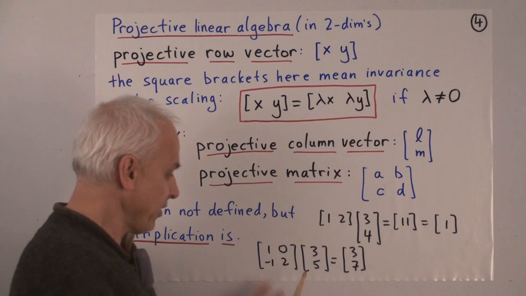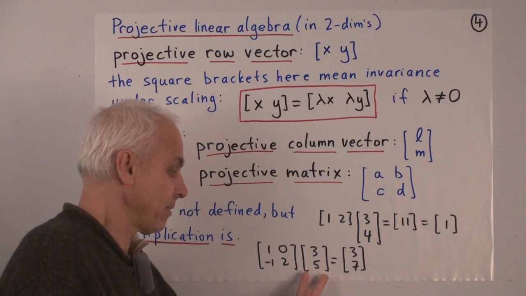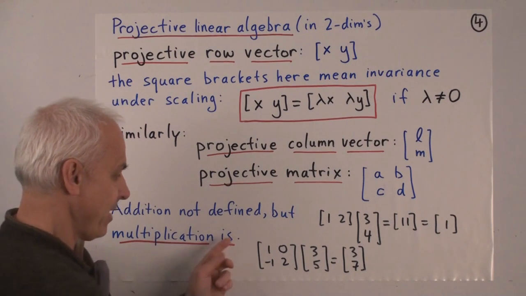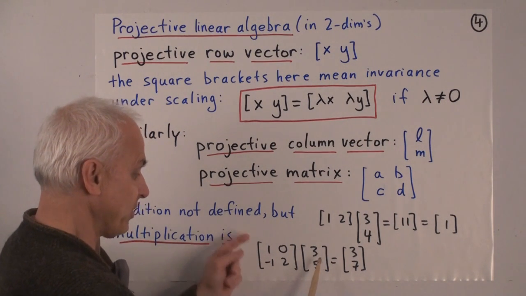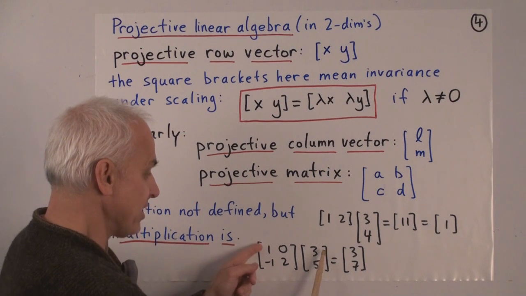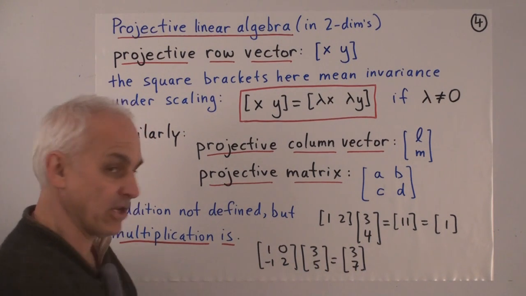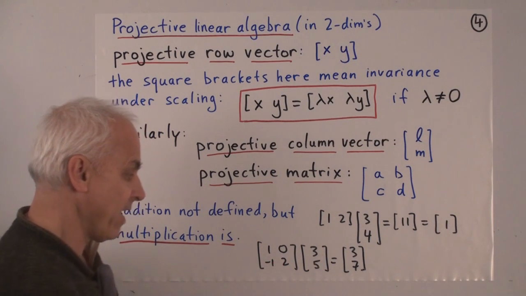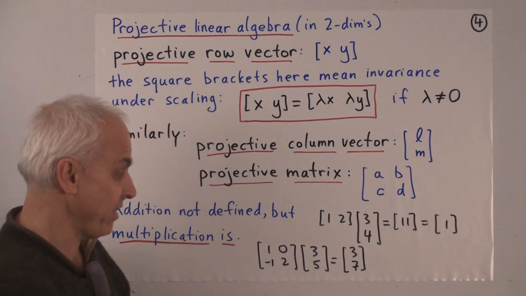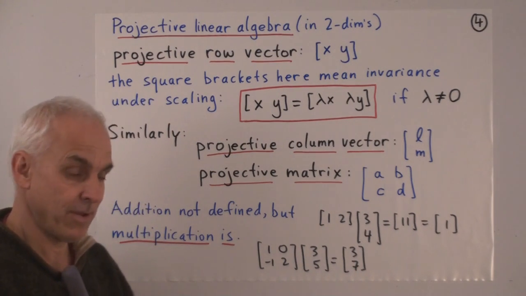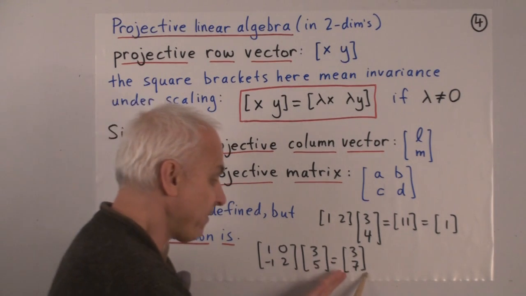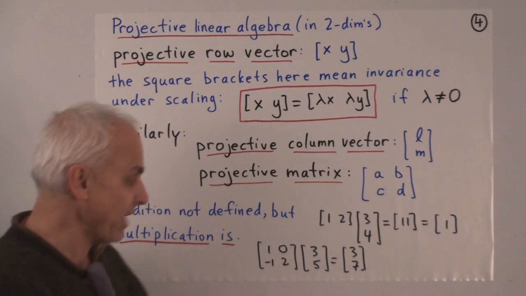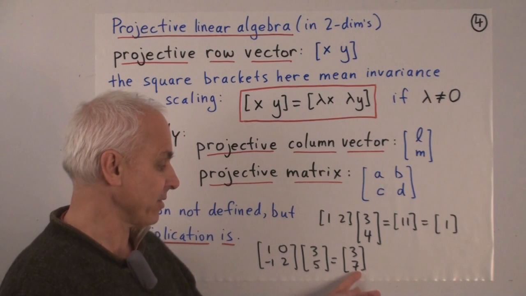That's a bit trivial. Here is an example of a projective matrix times a column vector. If they were ordinary objects, we would multiply them this way. It'd be 1 times 3 plus 0 times 5. The first entry there would be a 3. And then minus 1 times 3 plus 2 times 5. That's minus 3 plus 10. That's 7. That would be the second entry there. But here, the final result is a projective column vector, meaning that we're allowed to multiply that by a scalar.